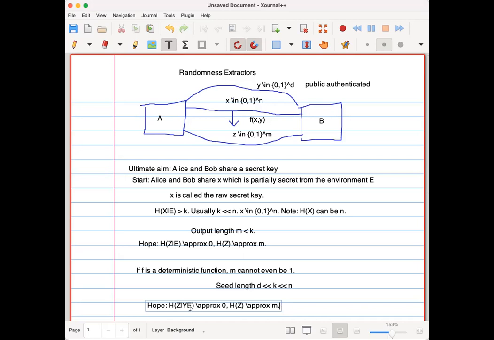Now, let us see if this is at all possible. I would like to say that, strictly speaking, the way I've set this up, this is also not possible. What do I mean by that?